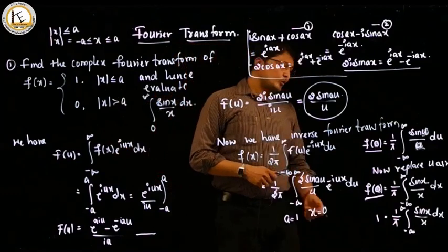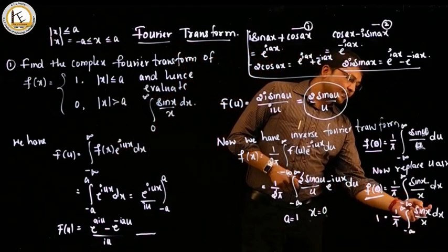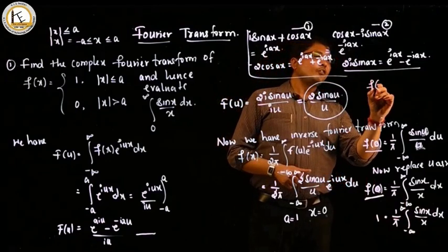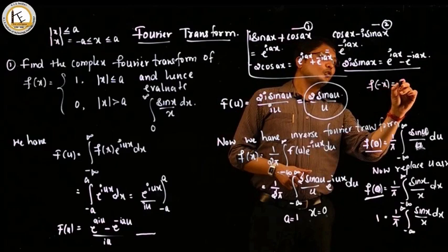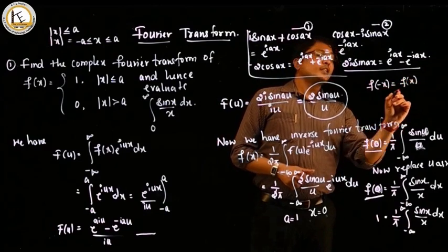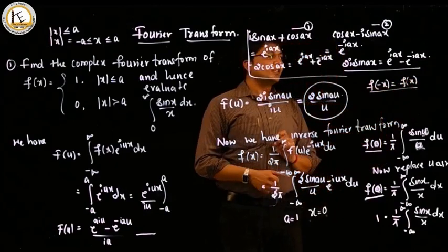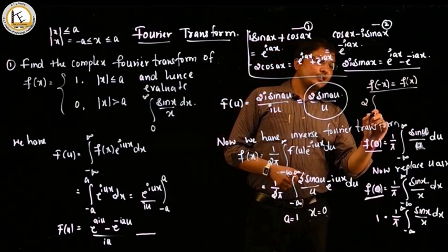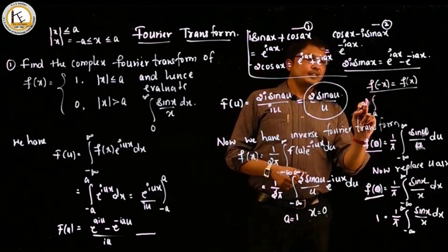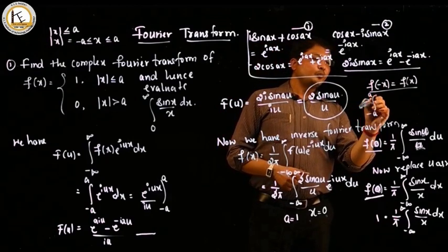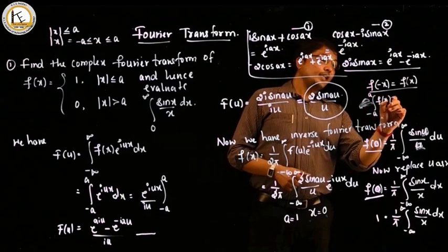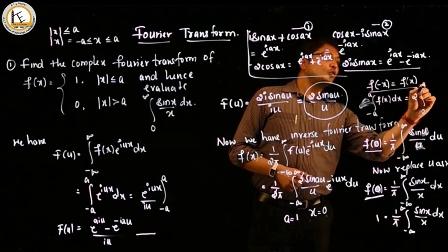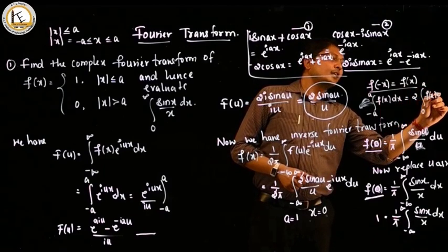Since we know that sin x upon x is an even function, that is, if f of minus x is equal to plus f of x, then we can say that such a function is an even function. And we have the property of integrals that the integral from minus a to plus a of f of x dx can also be written as 2 times the integral from 0 to a of f of x dx.